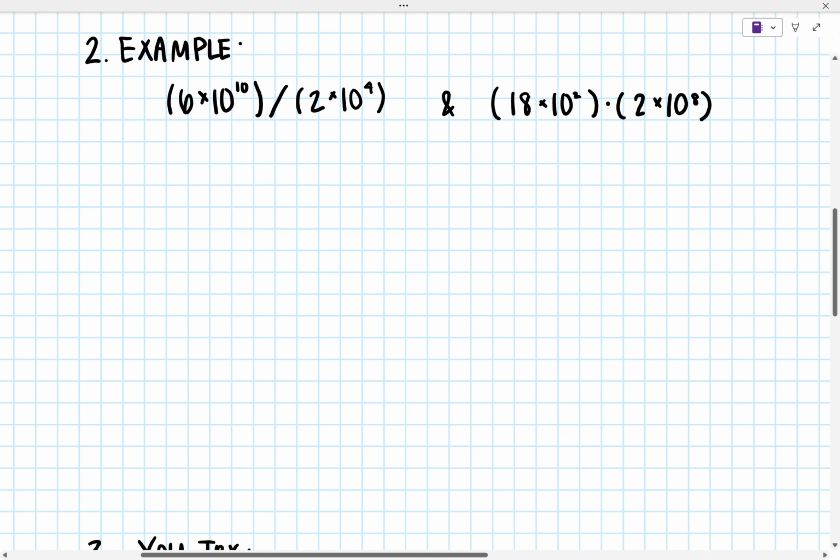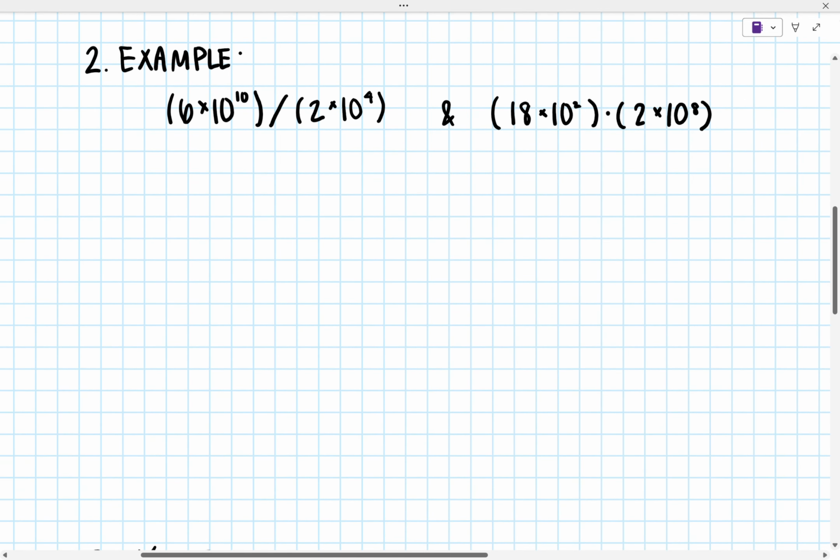Moving on to our second box, we are going to do 6 times 10 to the power of 10 divided by 2 times 10 to the power of 4. So our first step is going to be dividing our coefficients, which will be 6 and 2. So 6 divided by 2 equals 3.